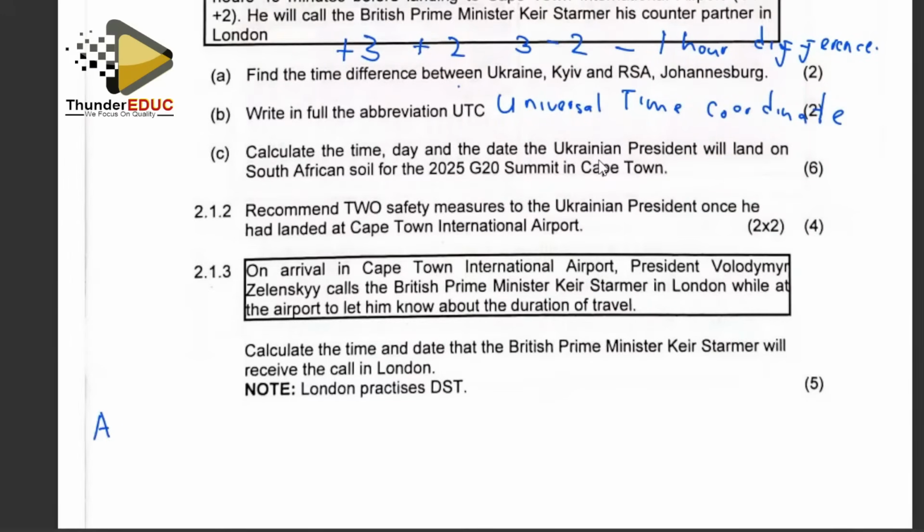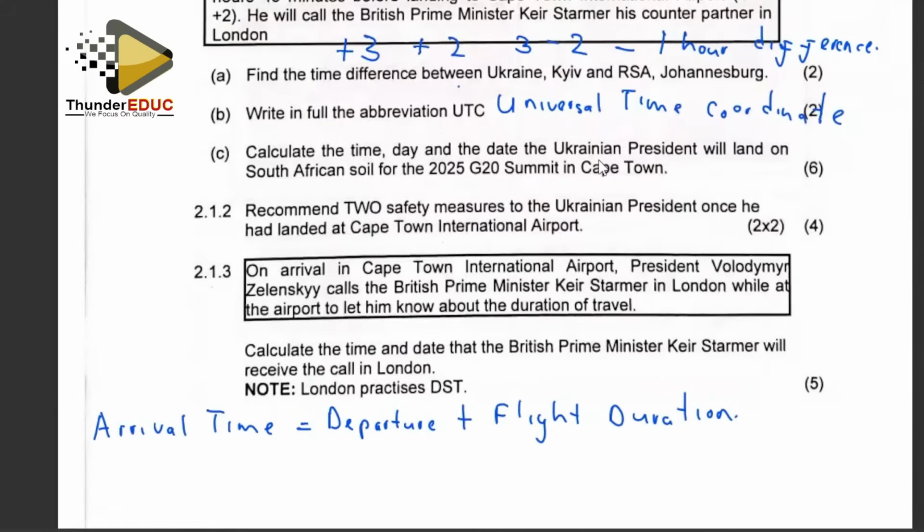Arrival time is equal to departure time, the time which you departed, plus flight duration. That is the formula which we are going to use.